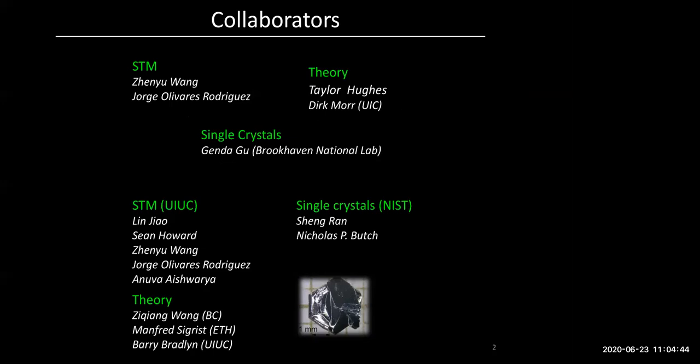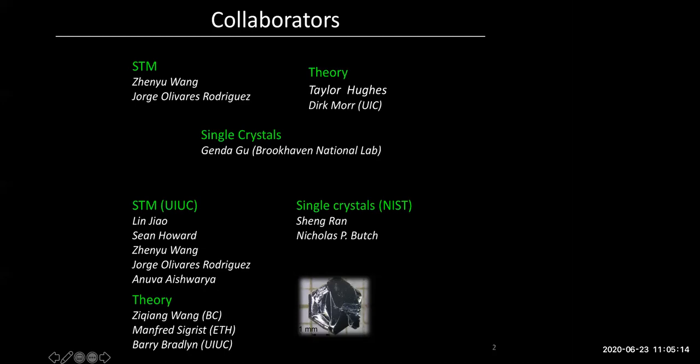And if I can get to the second part of the talk, it will be on this new compound called uranium tellurium 2. This is an example single crystal. And this work was spearheaded by my postdoc, Lin Zhao, with the help of graduate students Sean Howard, Zhenyu Wang, George Rodriguez, and Uva Aishwarya. And we had a bunch of theory help again from Ziqiang Wang at Boston College, Manfred Siegrist.